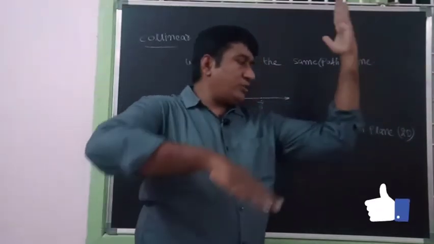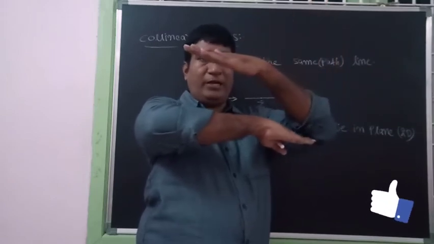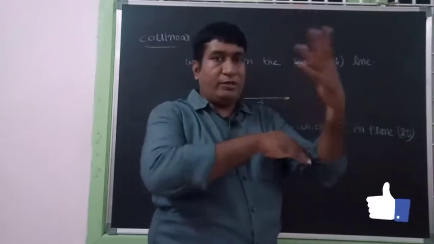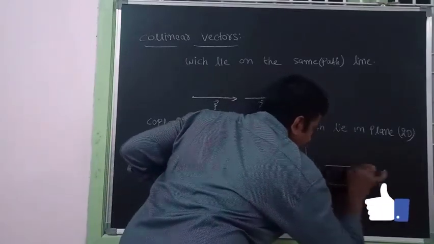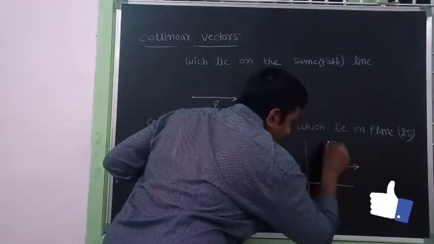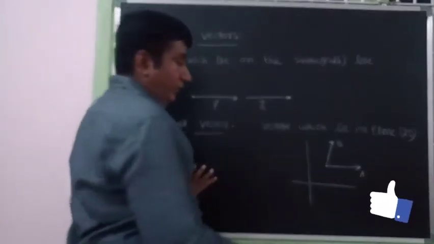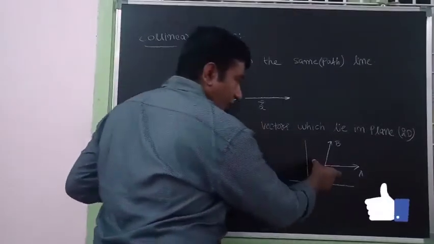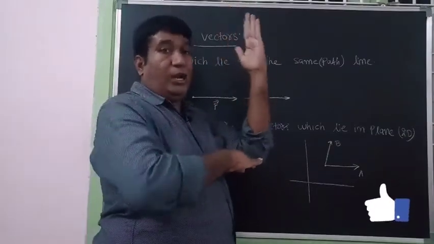Now you can observe that they are able to lie at any angle from 0 to 360 degrees. These two vectors a and b can lie between x and y. At any side we take them, this side, this side, any side, they will lie in the plane.